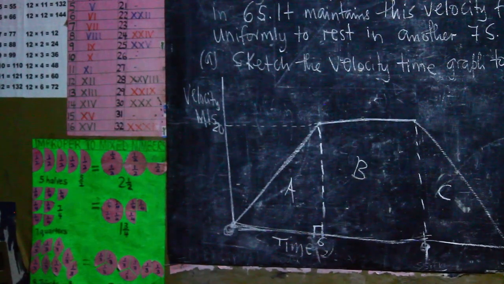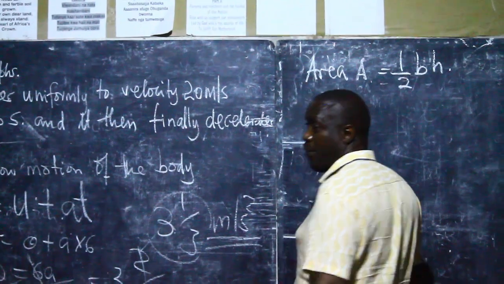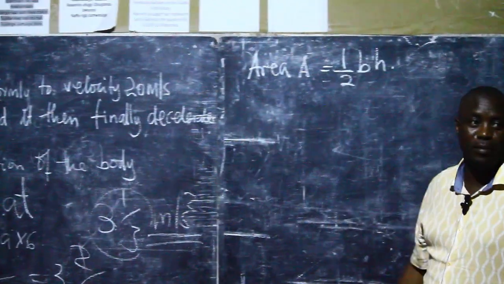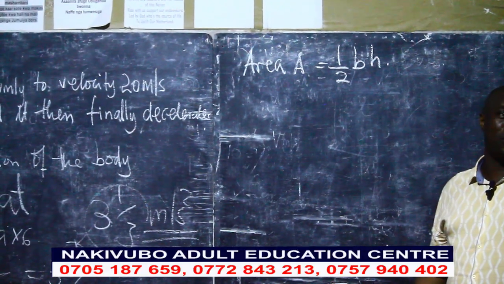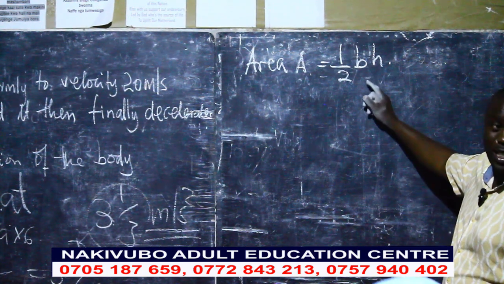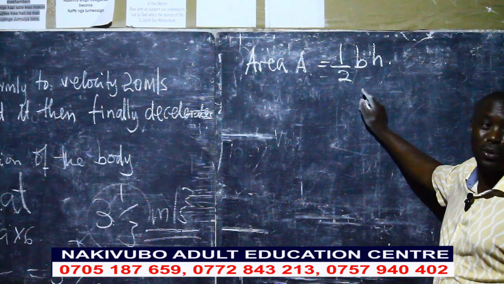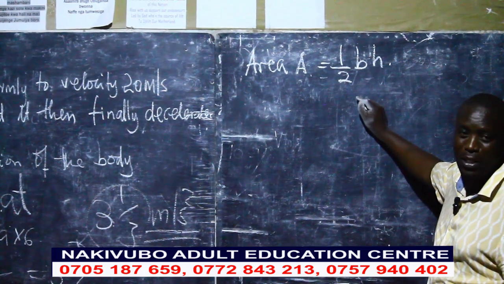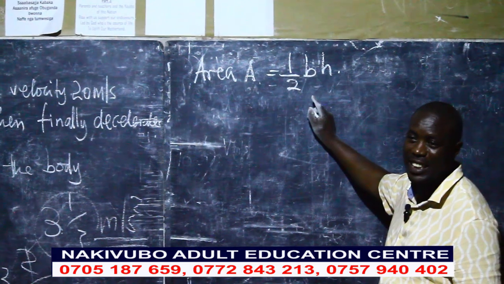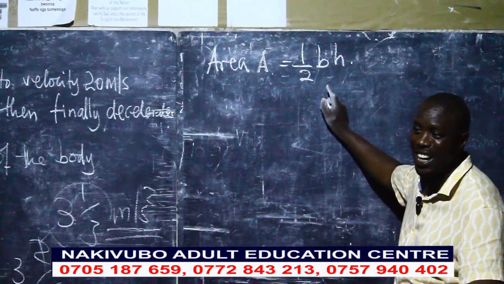Area of A is equal to a half times base times height. That is P4 work.